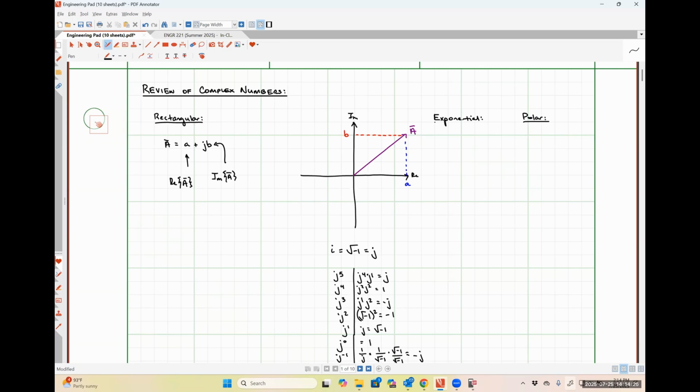I'm putting these two on the same side of the graph because they use the exact same information. They just represent it in slightly different ways.